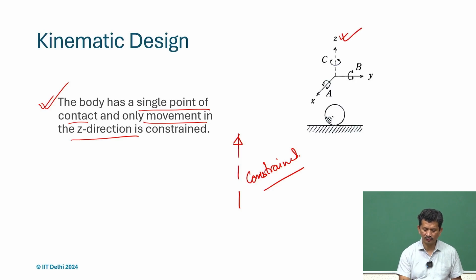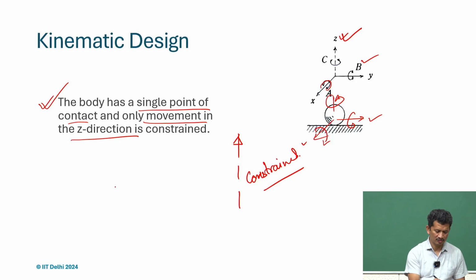Rest all the motions, if you try to do, along x, y, z is not possible. Translation is possible, and rotation. So, for instance, here this rotation and even this rotation is also possible.